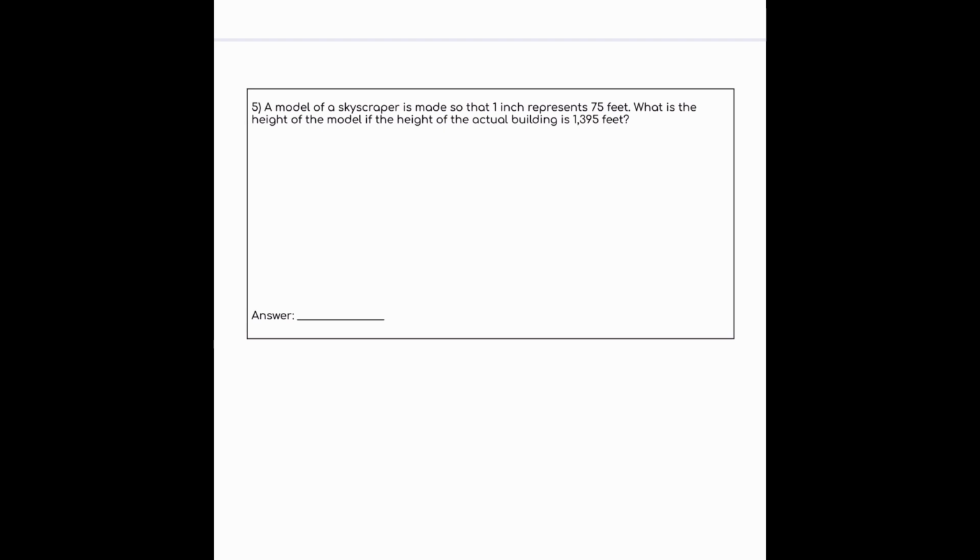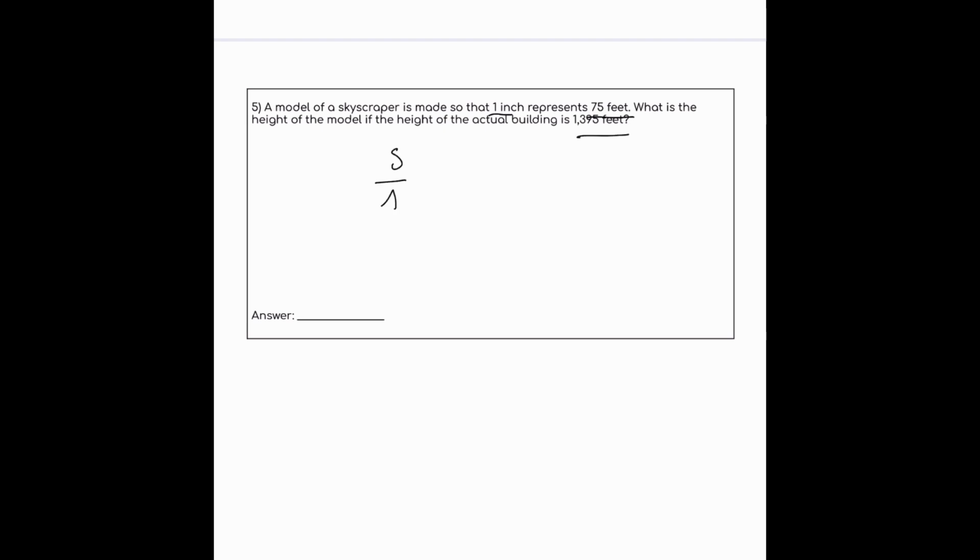Okay, number 5. A model of a skyscraper is made so that 1 inch represents 75 feet. What is the height of the model if the height of the actual building is 1,395 feet?